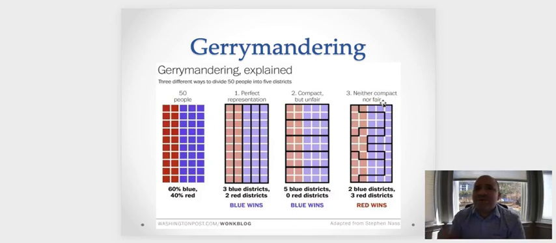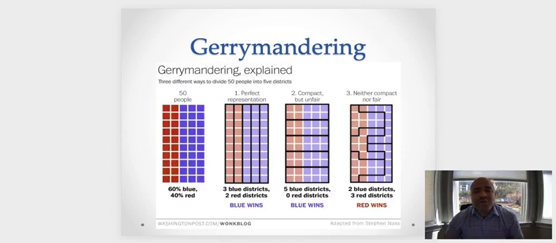That's not representative democracy. And many, many, many congressional districts are drawn just this way, which gives power to people who otherwise shouldn't have it based on their proportional representation of the population.